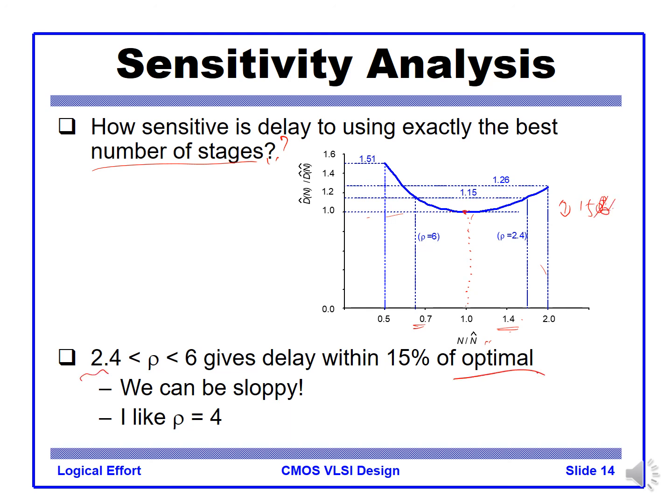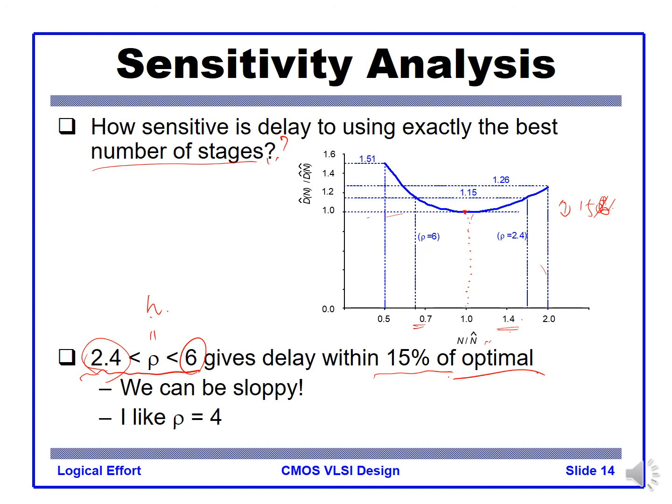So we know that a stage effort, the fan out equivalent to the fan out H, between 2.4 and 6 gives us within 15% error from the optimum delay, right?